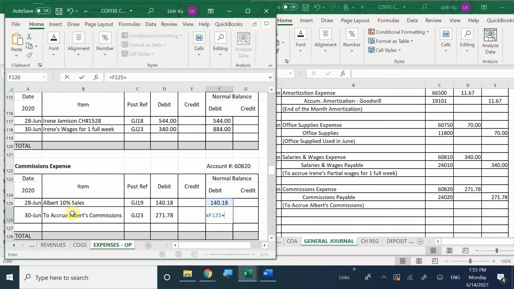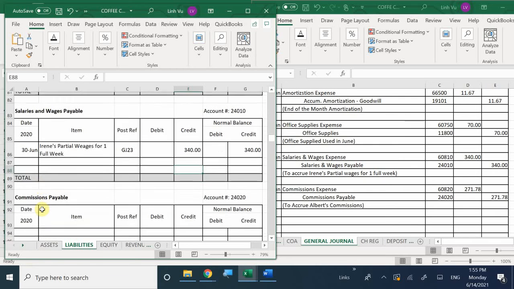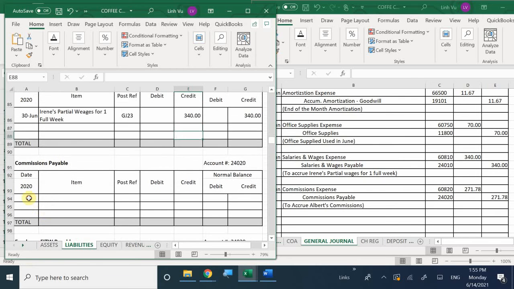For a running total of 411.96. Good. And then to liabilities. Commissions payable, 630.